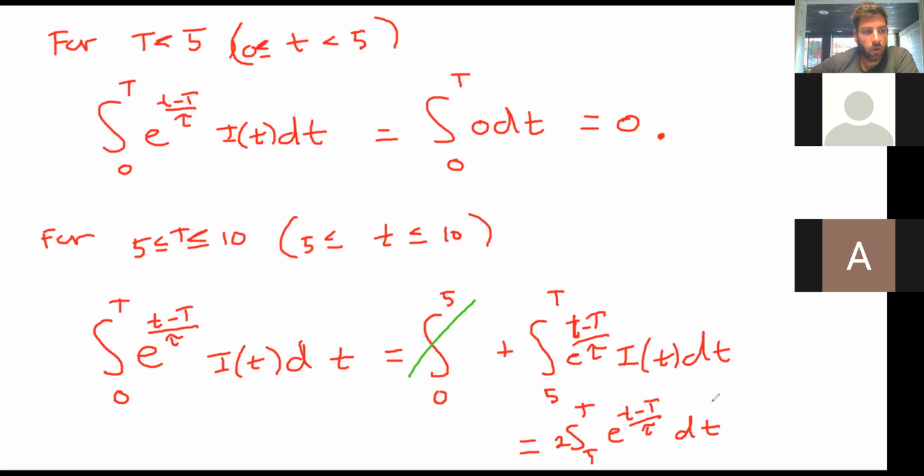Which this is not a difficult integral. You're all capable of doing that. But let's do it anyhow since there's lots of letters floating around. So if I go to the next page, I'm going to rewrite this.